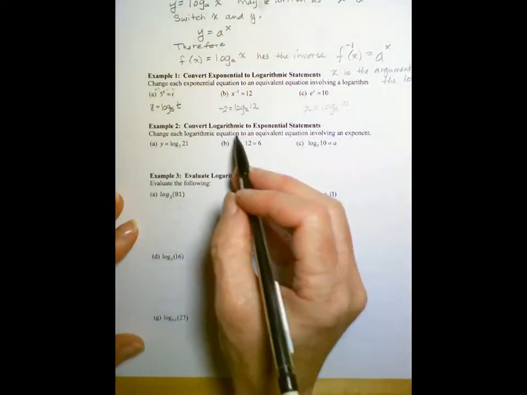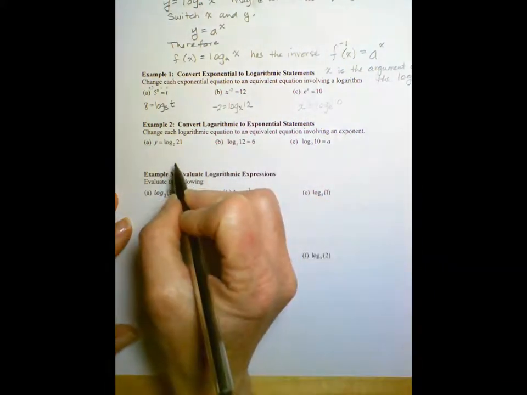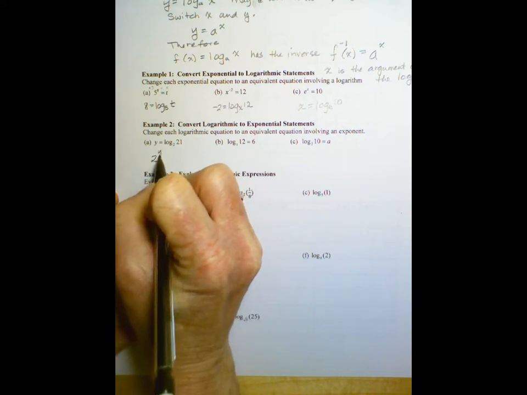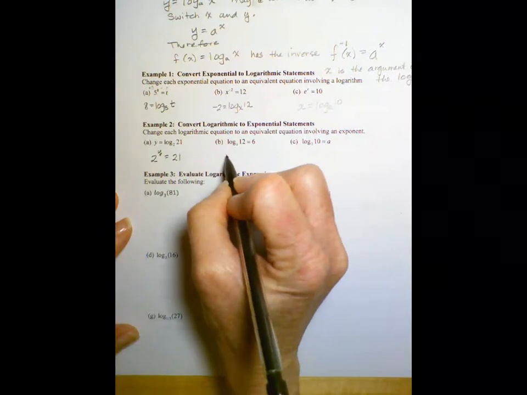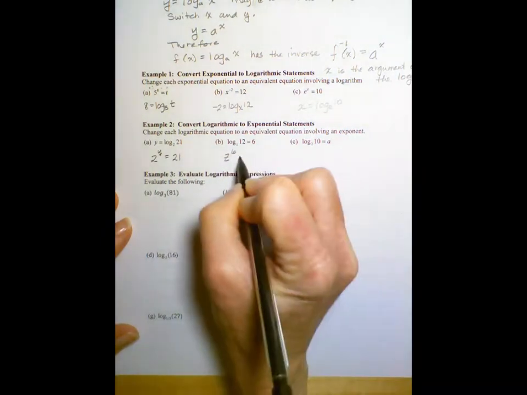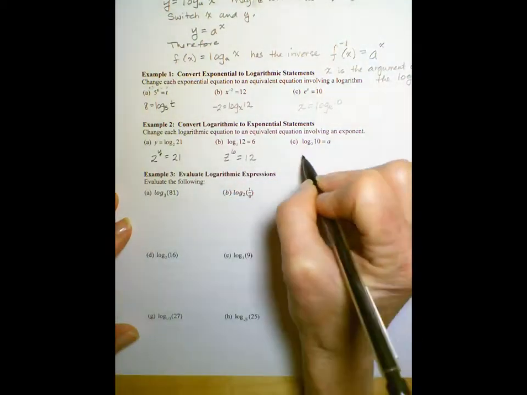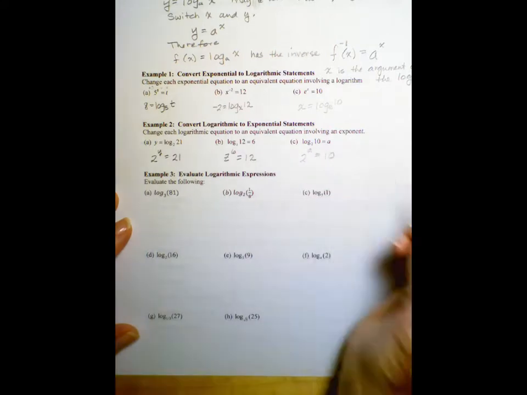In example 2, we're going to convert logs to exponents, back the other direction. So the base is 2, the exponent is y, and the argument is 21. The base is z, the exponent is 6, and the argument is 12. The base is 2, the exponent is a, and the argument is 10.